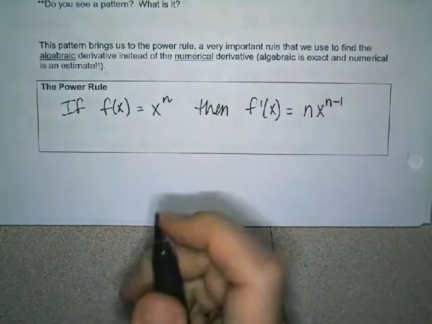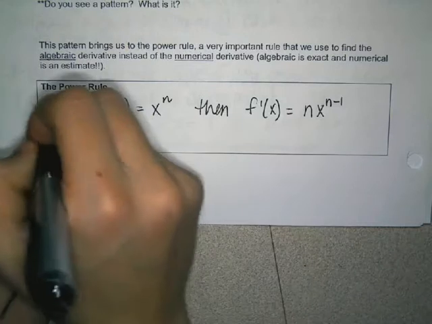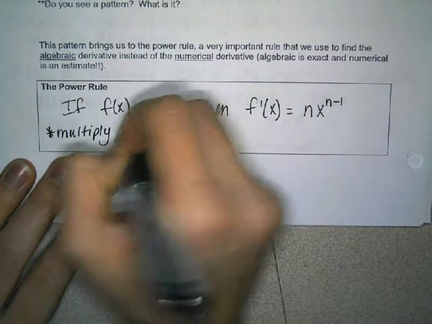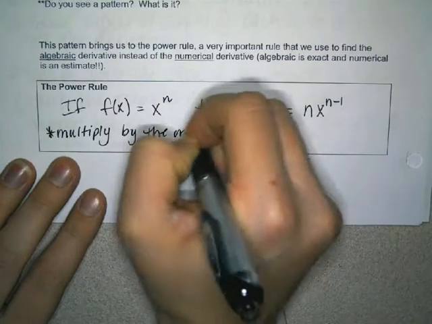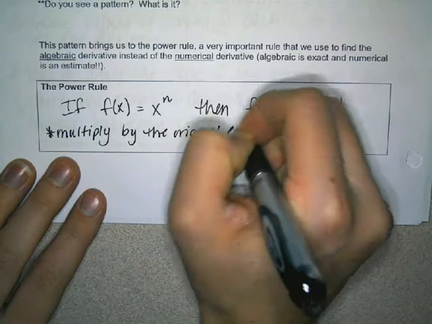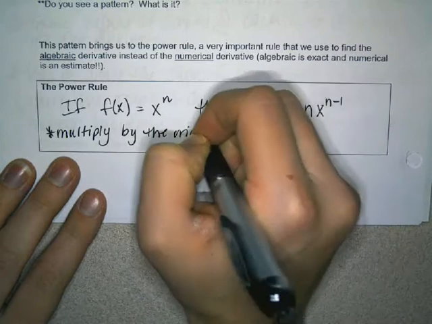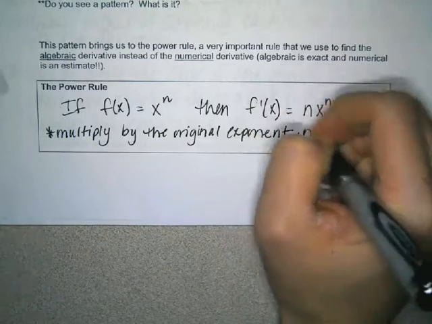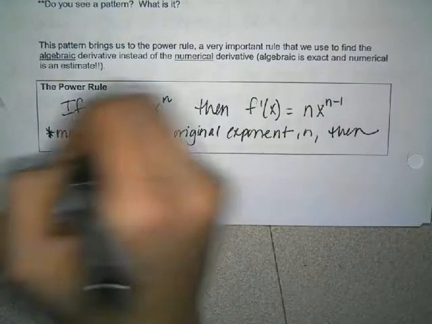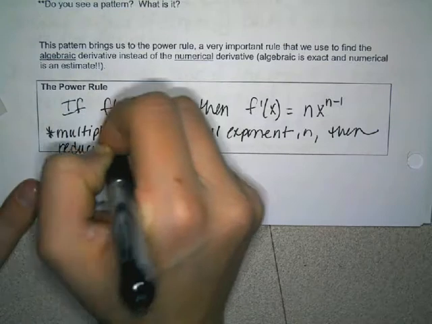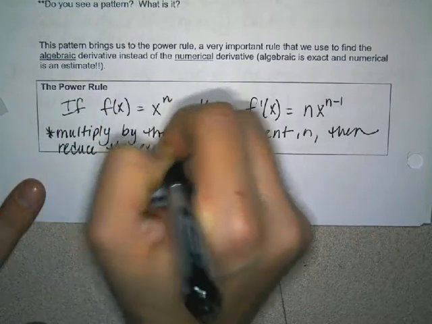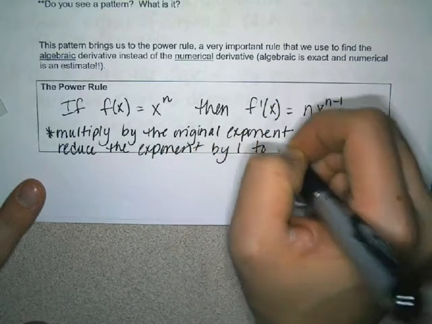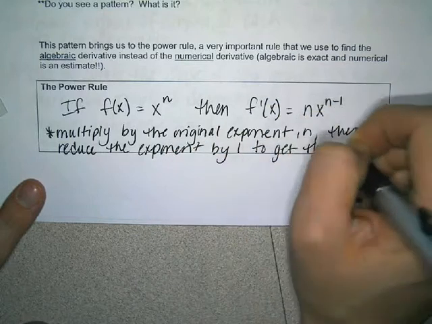Basically, you multiply by the original exponent n, then you reduce the exponent by 1 to get the new exponent.